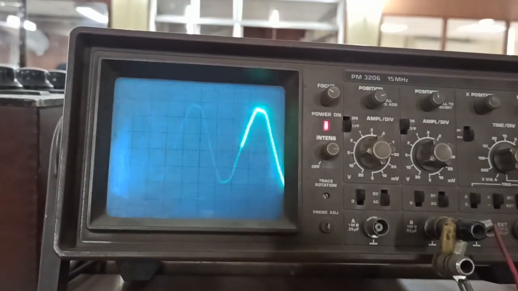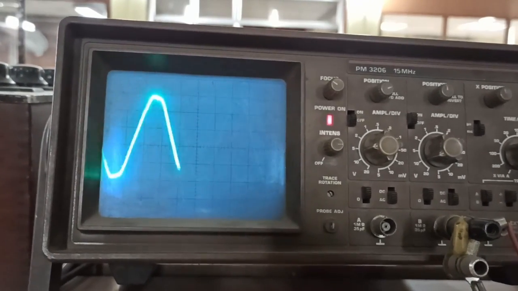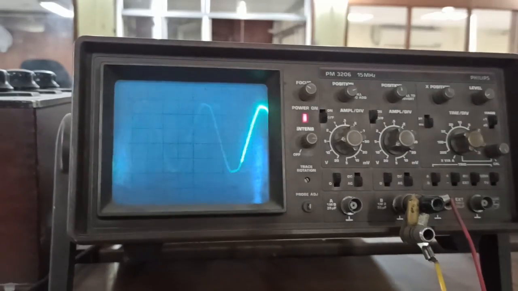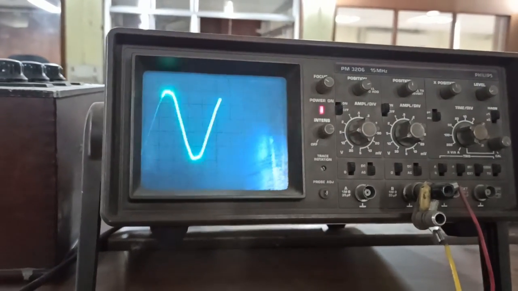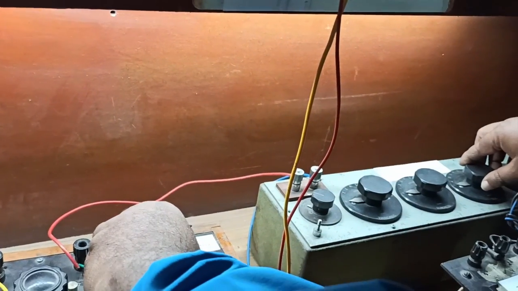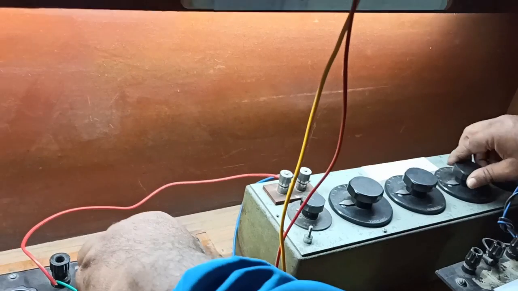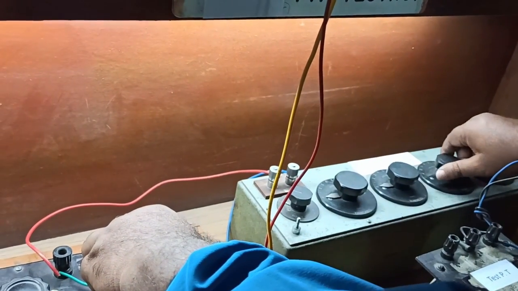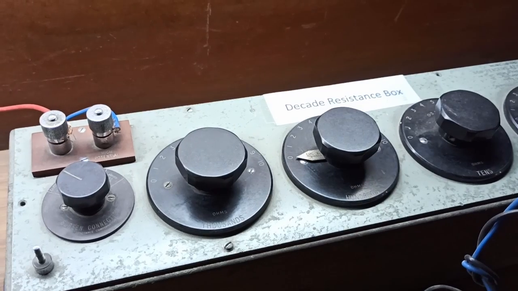Now we can see the circuit is unbalanced. Now we will balance the circuit by varying R2 and varying C. Now it's balanced. Now we'll take the values of R2 and C.